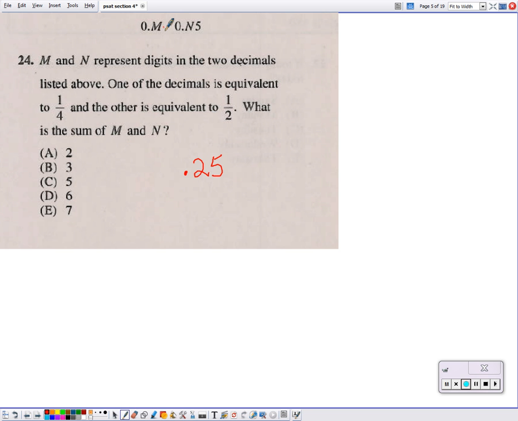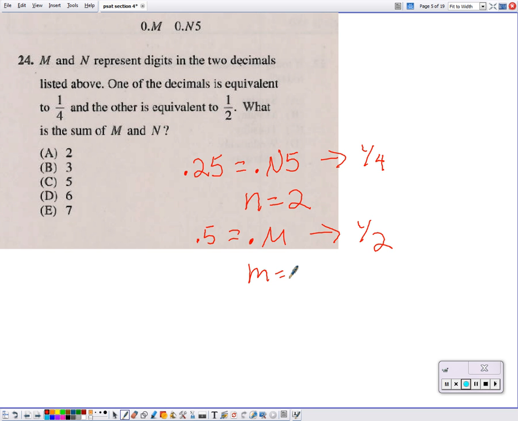And it can't be M because there's no 5 here, it has to be N. So this is the one that's 1/4, and so that means that N is 2. So that means 1/2, which is 0.5, that's point M. So M is 5. And then if I add together 2 and 5, I get 7.